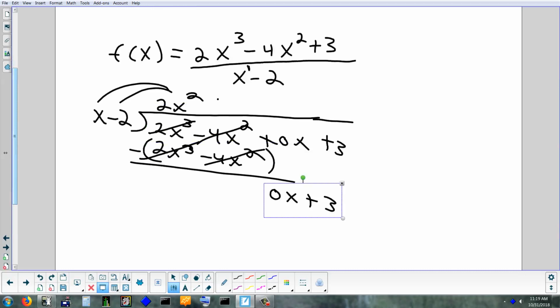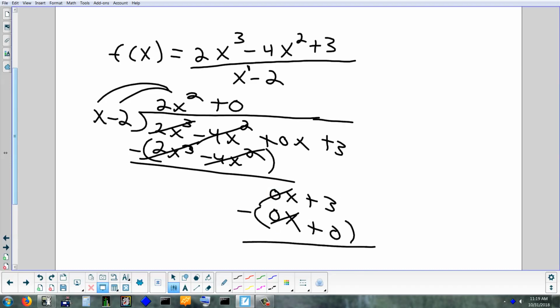Well, 0. And then if I multiply 0 back out, I just get 0x, and 0 times negative 2 is 0. So really, this isn't doing anything. 0 minus 0 is 0. 3 minus 0, we just have the 3 we were left with up above originally. So the remainder is 3.